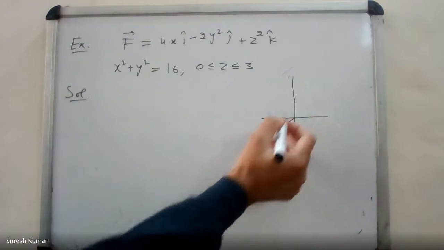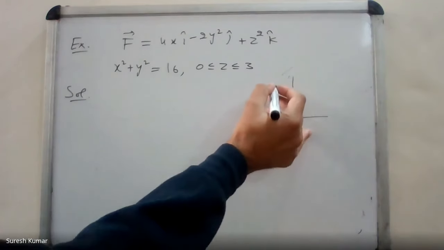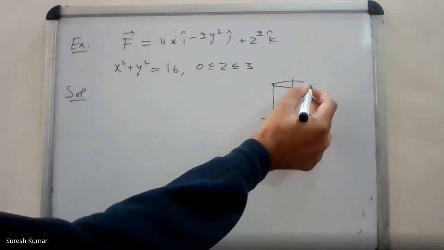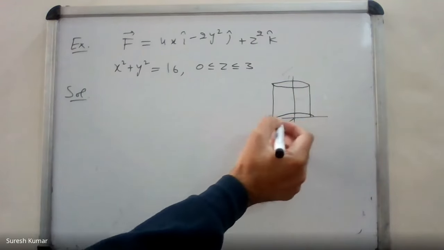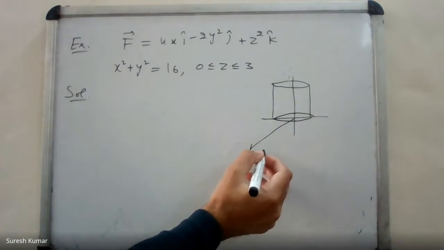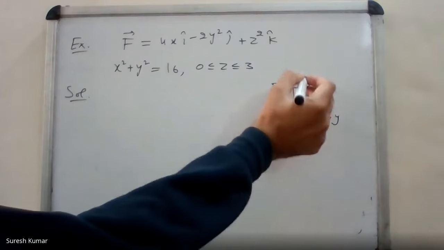How does this cylinder look like? X-axis, y-axis, z-axis.